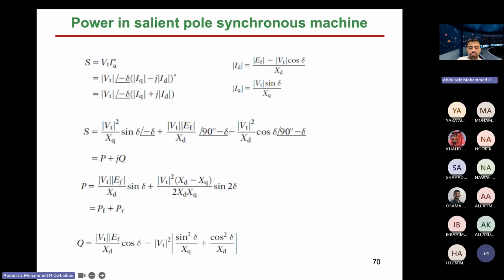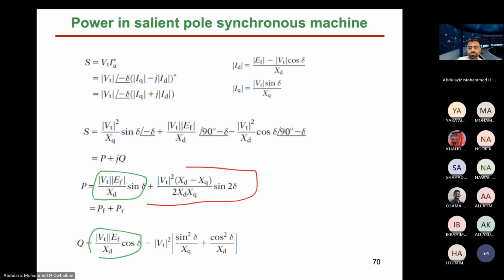So this term, I'm going to put it in green. It is same as the round rotor. But the dangerous term is this one. Can you remind me? It's minus, I think this is also green, but this one is red.